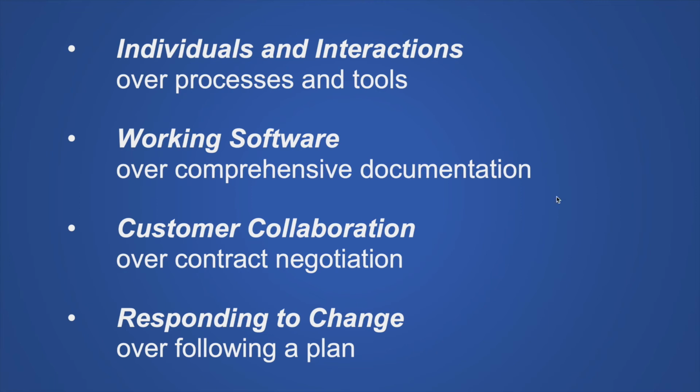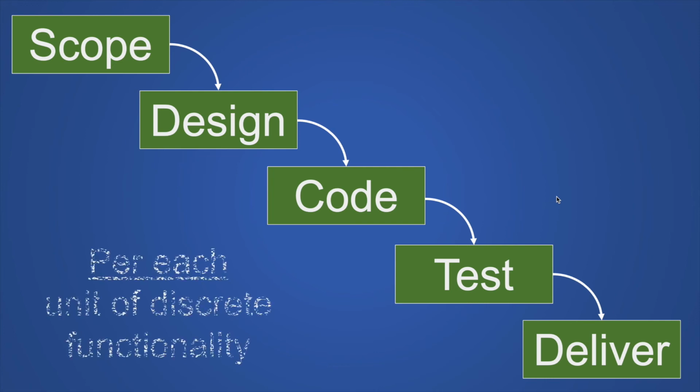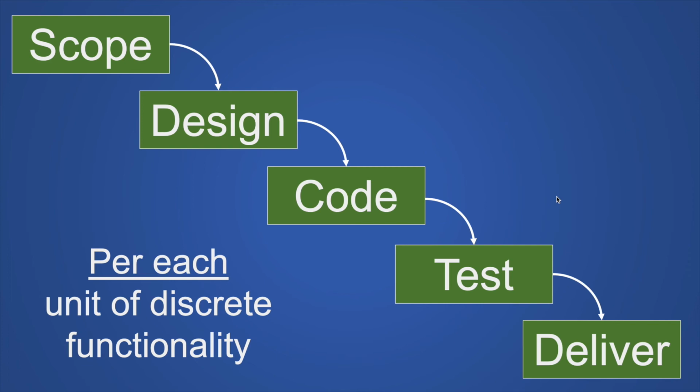So what does this new Agile process look like? Well, if I showed you this slide, you'd say, well, that's just Waterfall. What's really different? There are several things, but really this stays intact, believe it or not. It's just different in that you do this process per each unit of functionality, per user story or individual piece of discrete functionality.